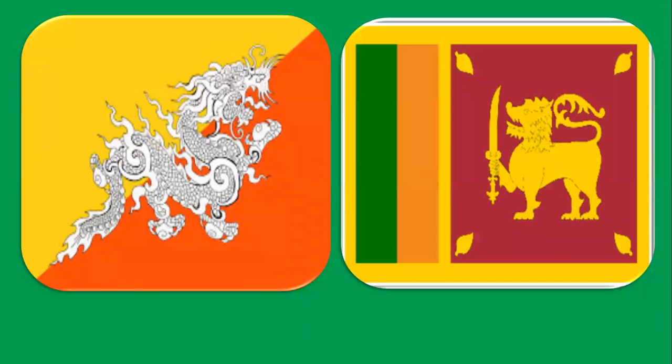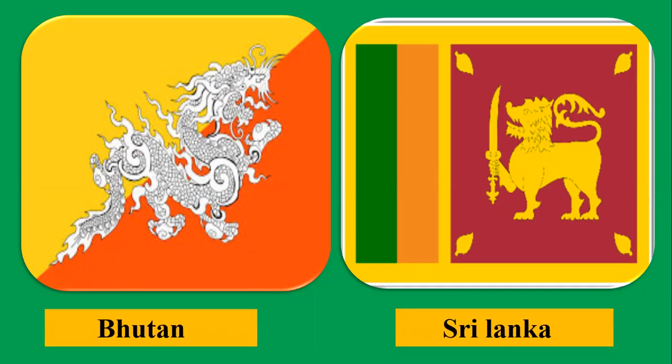Dear learners, here are some more flags. Say which countries these flags belong to. Oh yes, the first one belongs to Bhutan, and the second one belongs to Sri Lanka. Very good.